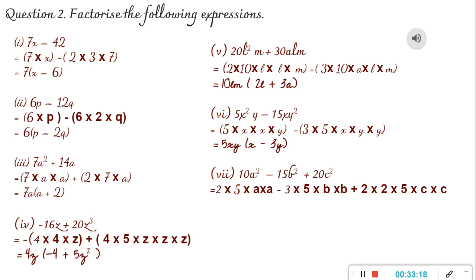Here in all three cases we can see that 5 is common, so we can take 5 out as common. And inside what is left out? First 2a square, minus second term 3b square, plus third term 4c square. So this is the factor form: 5 into 2a square minus 3b square plus 4c square.